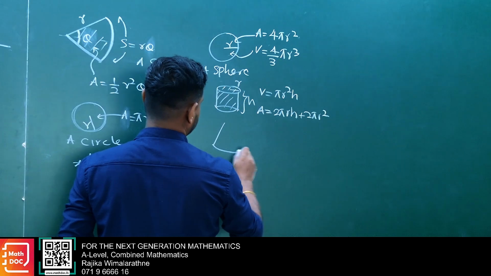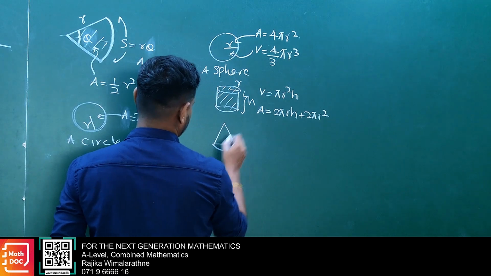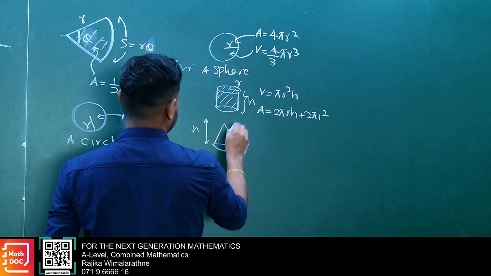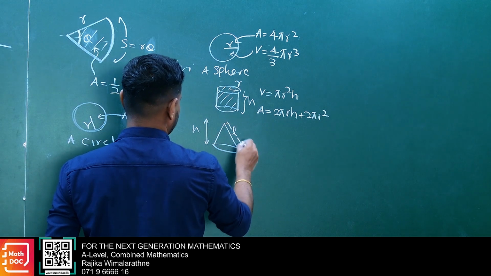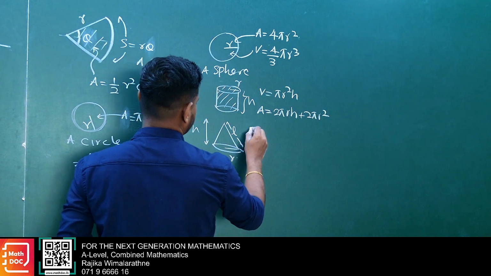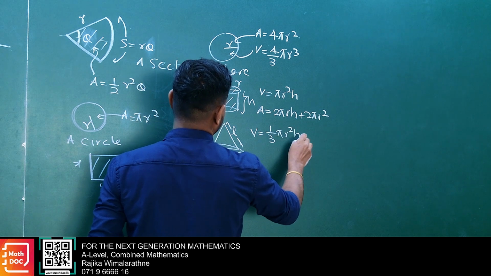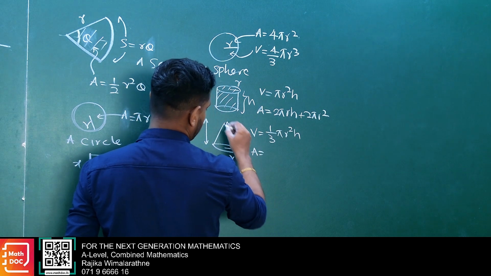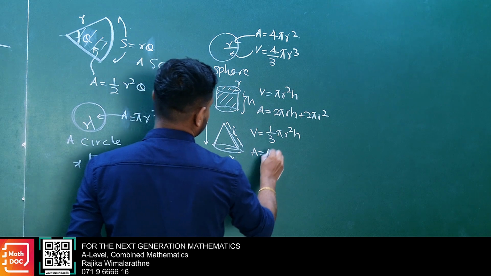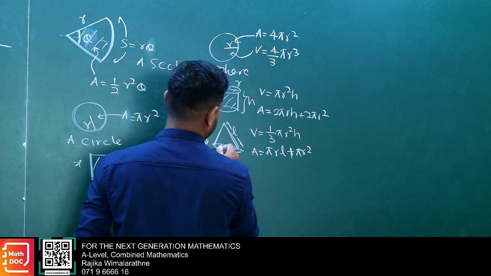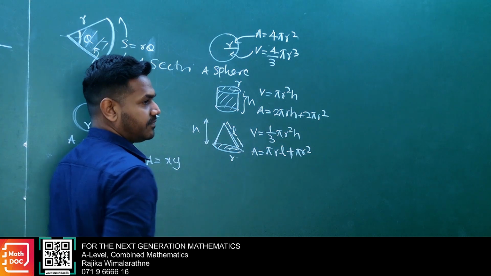And here a cone, with height h, slant height L, and radius r. Then the volume is 1/3 pi r squared h. The surface area: the curved part is pi r L, plus pi r squared for the base, which is the full surface area.